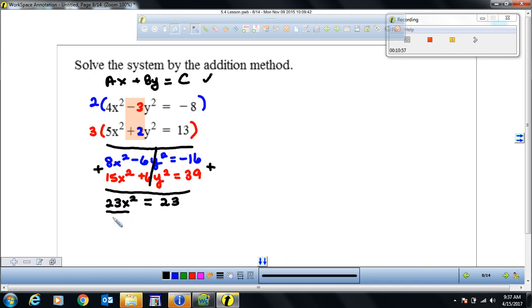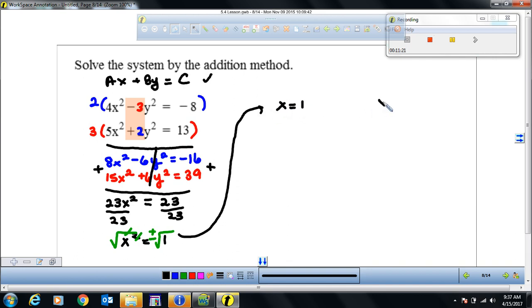So for the square root property, first of all, let's isolate the x squared by dividing by 23. So we get x squared equals 1. And then the square root property tells you I can take the square root on both sides to get rid of the square here, but it's going to be a plus or minus. So the square root of 1 is going to be positive 1 or negative 1.